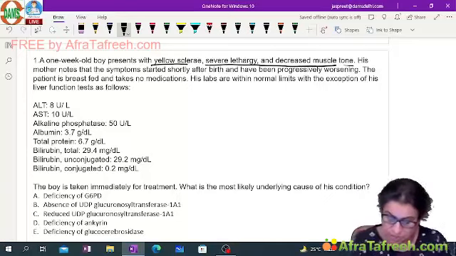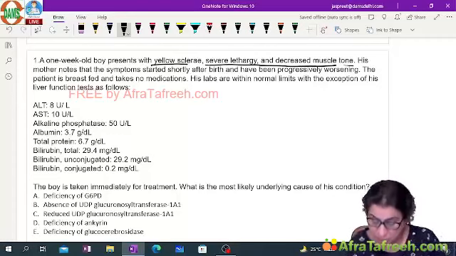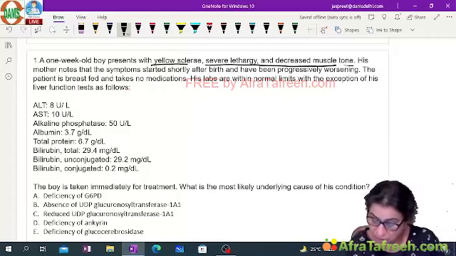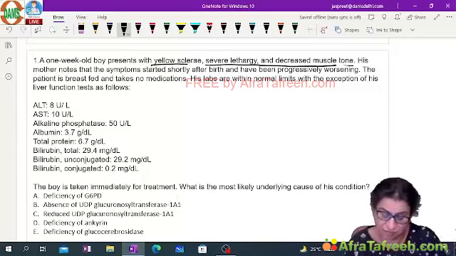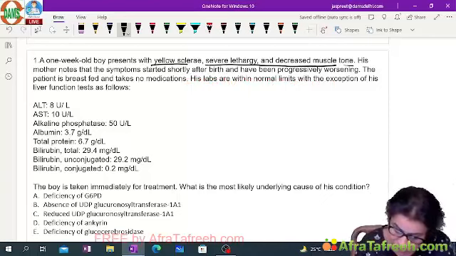The patient is breastfed and takes no medications. His labs are within normal limits with the exception of liver function tests. ALT is normal, AST is normal, alkaline phosphatase is 50. Serum albumin is normal, total protein is normal, 6.7 grams per deciliter.